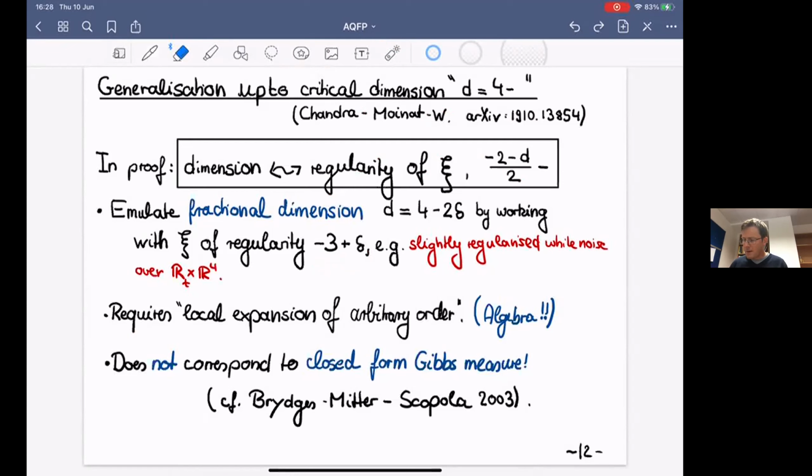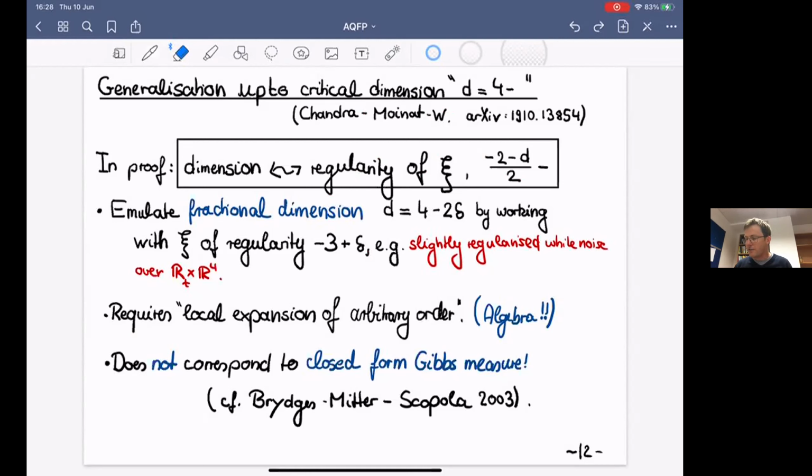But perhaps let me also just admit immediately, for this audience, that this is possibly not the correct way that one would want to emulate fractional dimensions from the physics point of view, because this is the natural PDE extension of our method. But you would not expect it to give rise to a reflection positive measure. So it's in a sense the wrong way of emulating fractional dimensions.